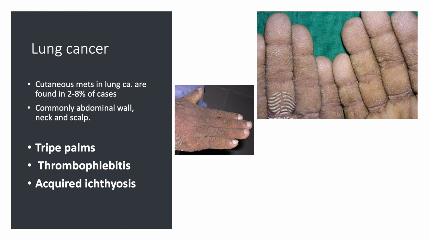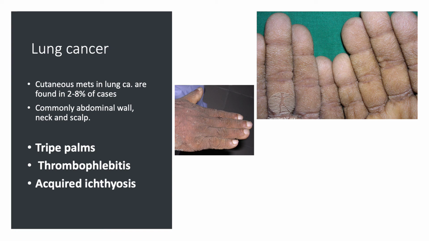Now, when tripe palms is seen with acanthosis nigricans, it's commonly seen in stomach and lung cancer usually. And if you have tripe palms without acanthosis, then you'd be really suspecting an underlying lung cancer.